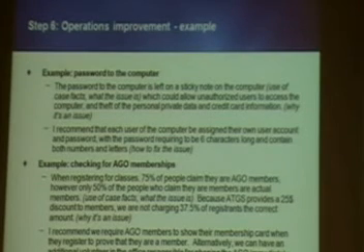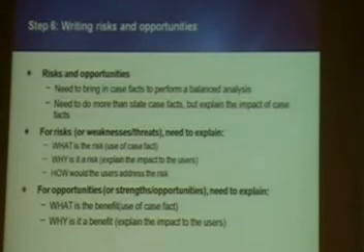I also have another one here on the paper for the Art Gallery of Ontario memberships, and we can go through that. Risk and opportunities. A lot of it is similar. We go back to the what, why, how. If we have a risk, what is the risk? Why is it a risk to the company? And how do we fix it?